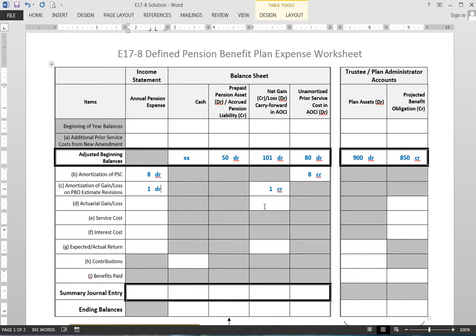If we adjust the discount rate by which we are discounting the projected benefits, that would be an actuarial gain or loss. Again, that doesn't happen very often and very rarely in the problems that we'll be looking at, but I did design the spreadsheet to be capable of handling those kinds of issues.